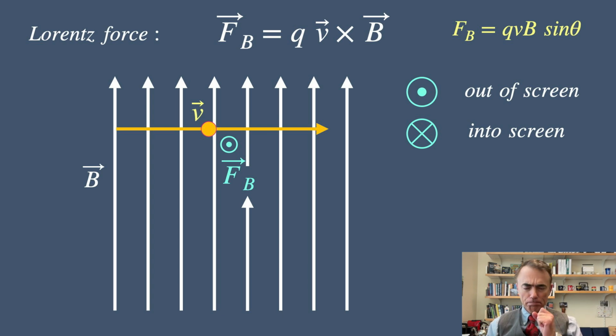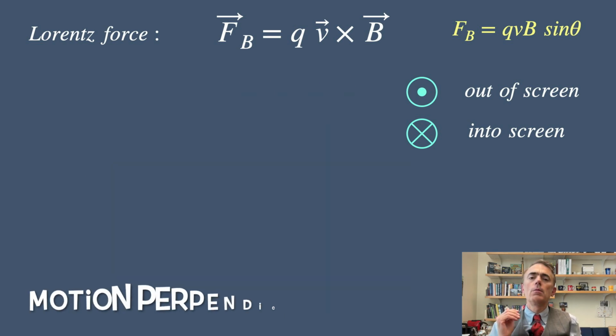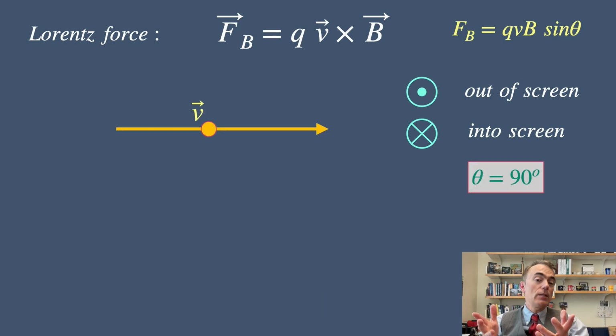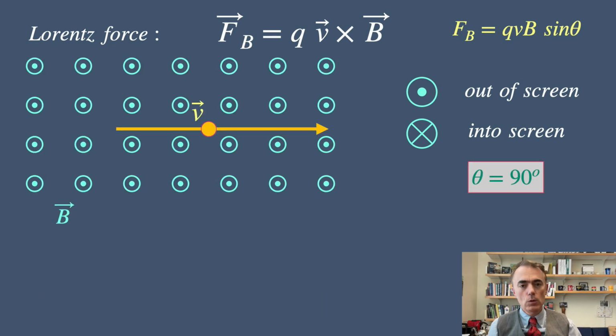So, let's focus on motion of charges in magnetic fields. Let's look at how the Lorentz force affects the motion of a charged particle based on the direction of its velocity relative to the magnetic field. For example, if the motion is perpendicular to the magnetic field, then θ is 90 degrees, and sin θ is 1.